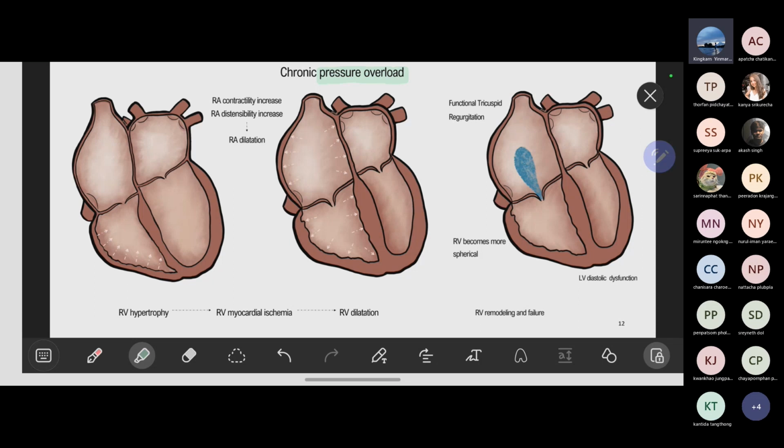The RV has sensitivity to afterload in response to pressure overload. Myocardial hypertrophy occurs, and the renin-angiotensin system leads to RV myocardial ischemia, and at the end, RV dilatation occurs.